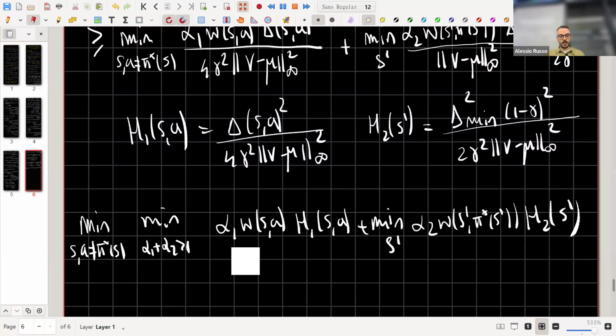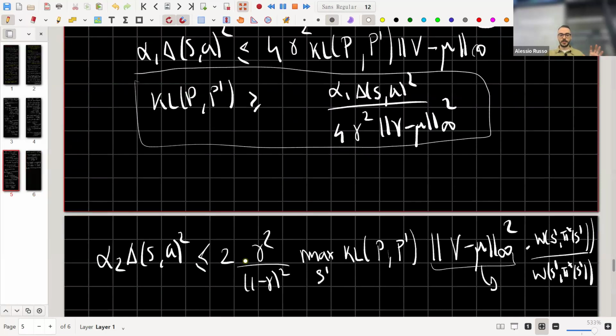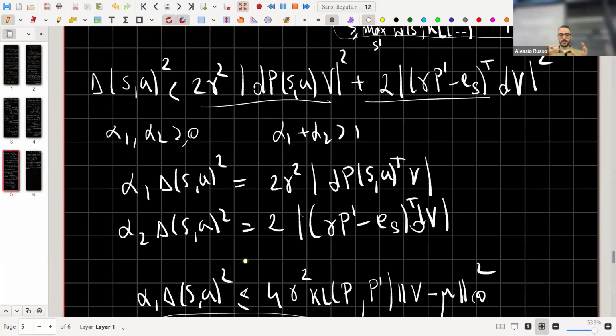So remember, what we wanted to do is to separate the contribution of these two quantities in this inequality. So we introduced these two parameters, alpha 1, alpha 2, such that alpha 1 plus alpha 2 is bigger than 1. But what we are going to do now is optimize with respect to these parameters.